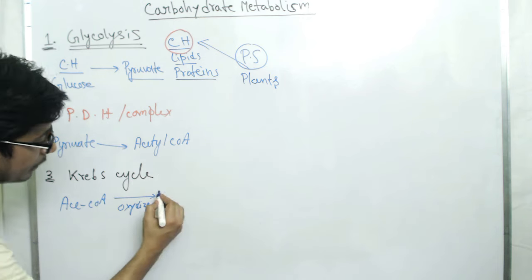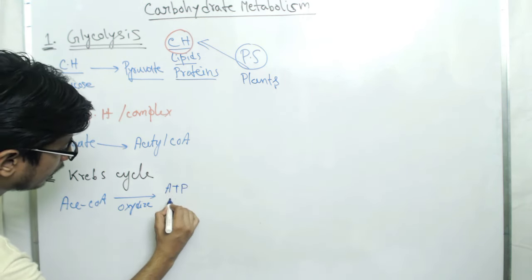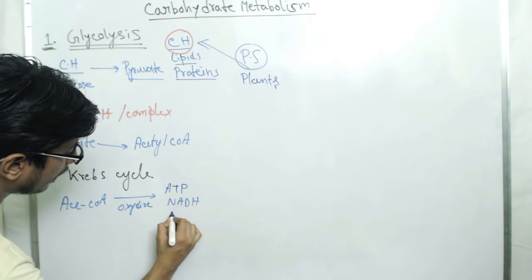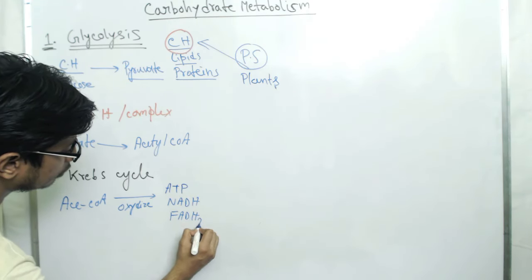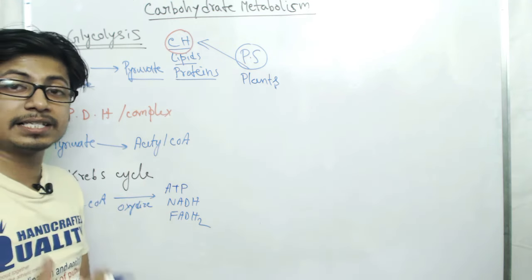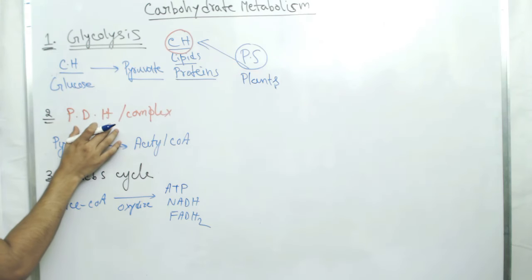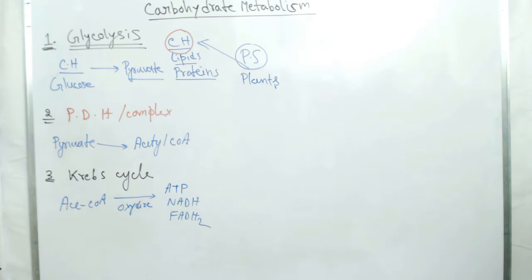They oxidize it and they produce a lot of energy-containing compounds like ATP, NADH, FADH2. Now all these stages are sequential, starting from glycolysis, then pyruvate dehydrogenase complex and Krebs cycle.